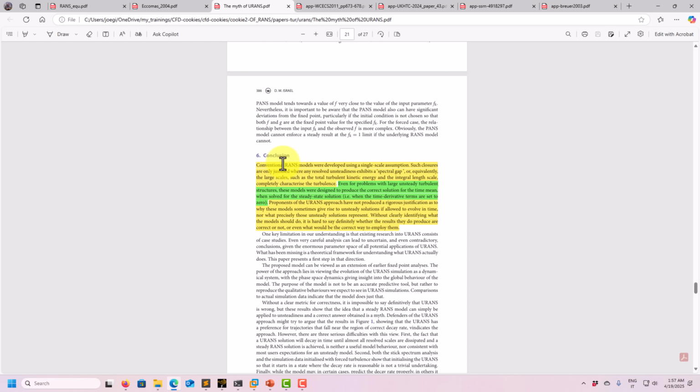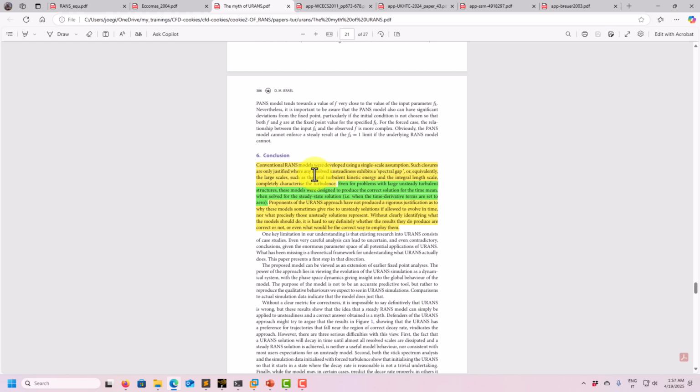Now, finally, we conclude here that conventional RANS models were developed using a single scale assumption. So those cases justify when they resolve unsteadiness, a spectral gap. You have a spacing. If that spacing is repeated, everything will be removed.